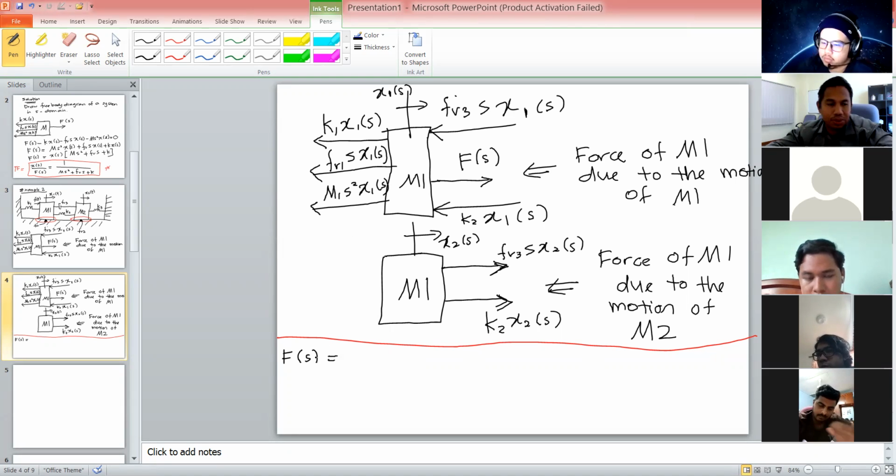So Fs equal, now we have S1S, right? You just make one group.